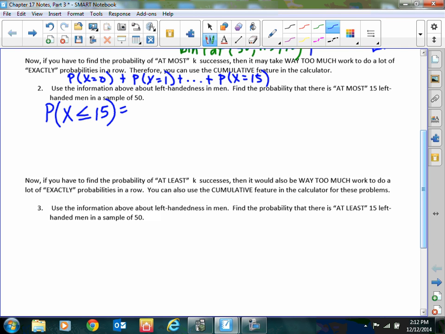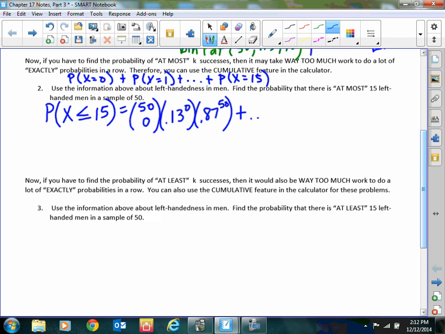Here's how that would look. The first in the series would be how many left-handers? 0 left-handers. So 0.13 is 0, and 0.87 is what? If 0 are 0.13, then how many are 0.87? 50, very good.